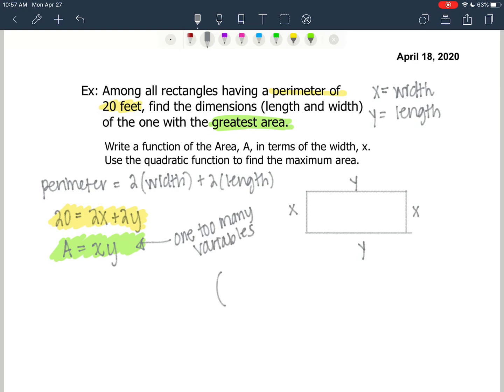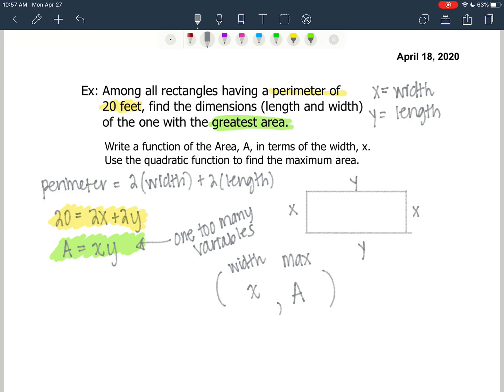We want to find maximum area, and remember, our maximum is our y value. So A has to stay in this equation because we need it to find the maximum area. But x or y, one of those has to leave. We typically like x to be our input. So I'm going to say x is my input. Now, x is going to stand for the width.